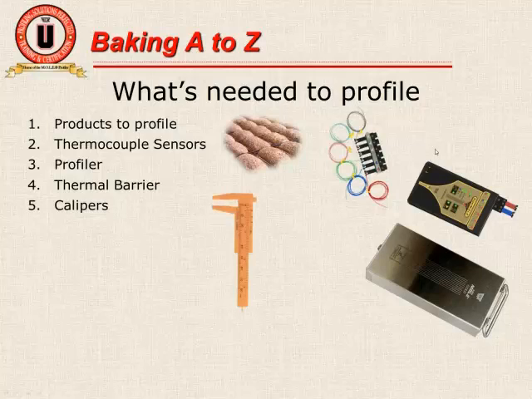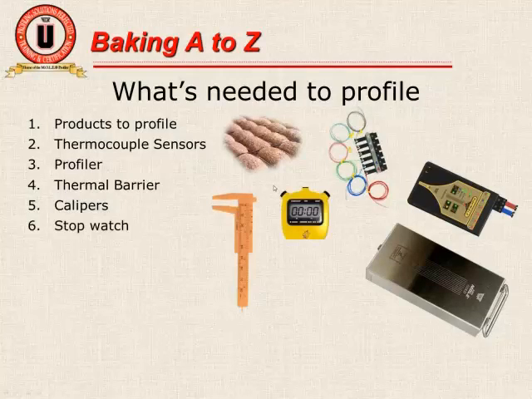You'll need calipers. We'll get into why you need those in a little more detail. They don't need to be quite as fancy as this, although these plastic calipers are very inexpensive. It is very helpful, all the little angles and bends these calipers have, for using them to set up your thermocouples for proper insertion into the bread, into the dough.